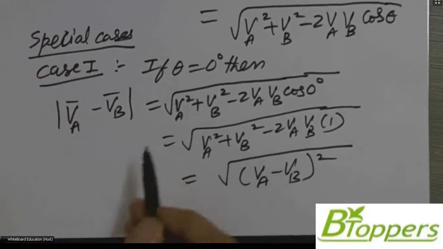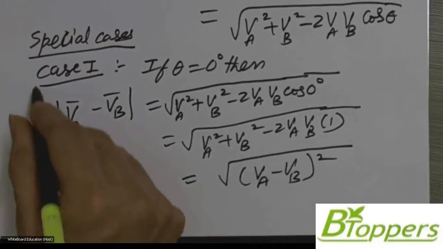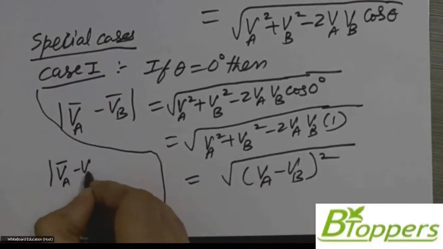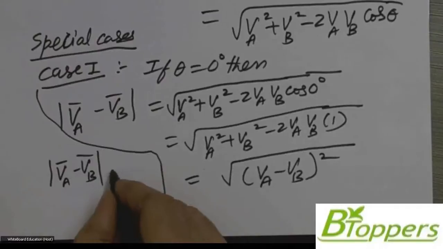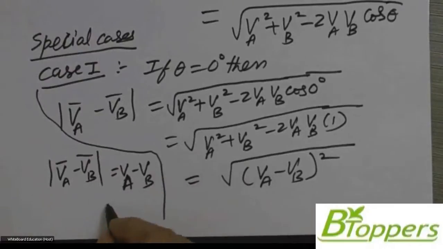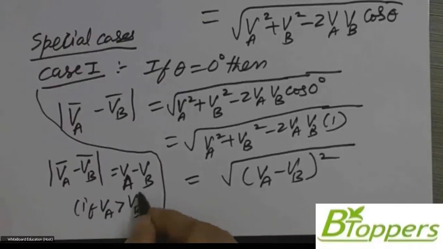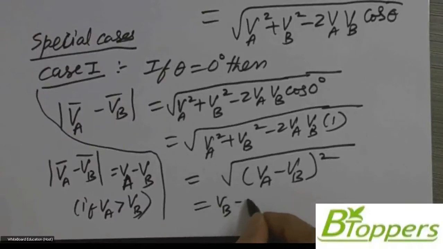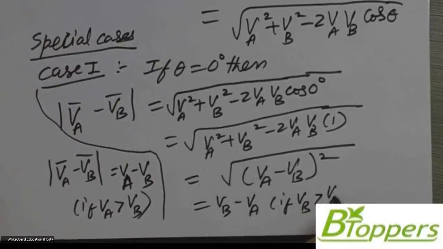Therefore, the modulus of VA bar minus VB bar, we write it as VA minus VB if VA is greater than VB, and we write it as VB minus VA if VB is greater than VA.